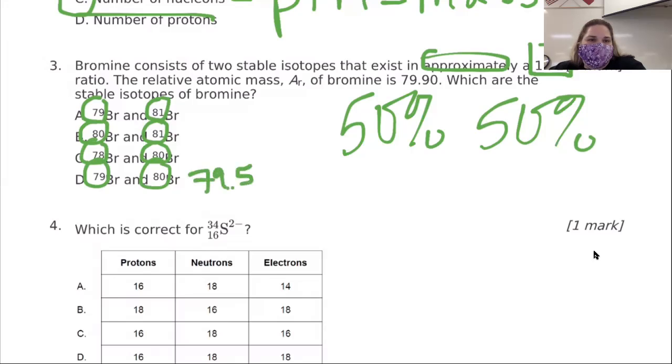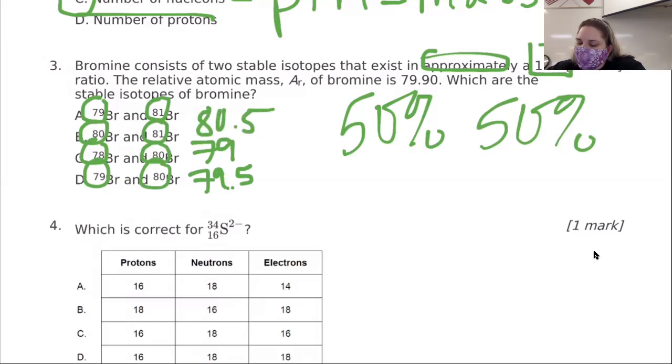Then if I look at C between 78 and 80, what's right in the middle of 78 and 80? That one would just be 79 even, because that's the average. What about B, 80 and 81? What's halfway between them? That's another one where it'll be a decimal, 80.5.